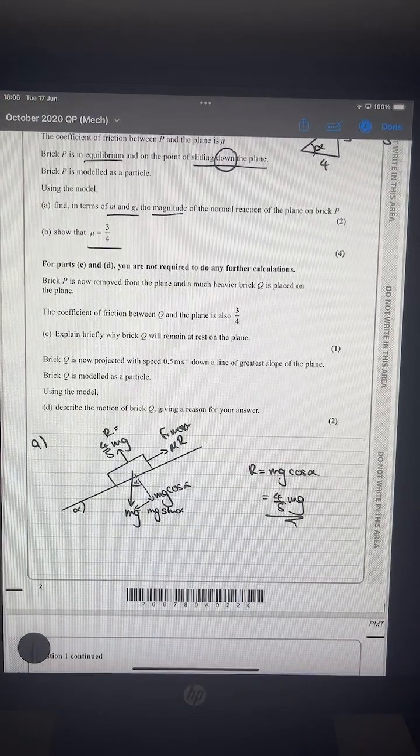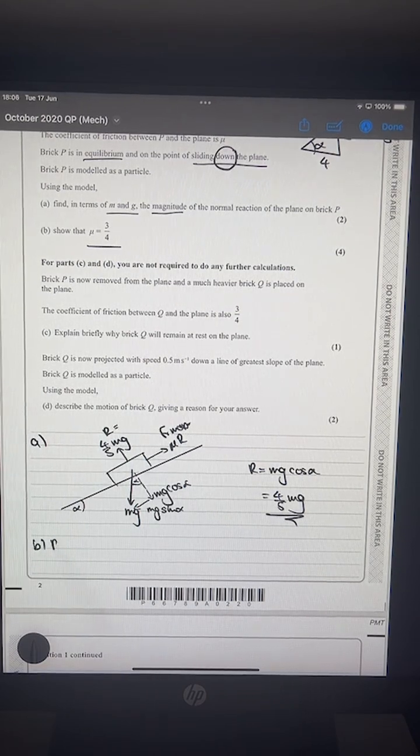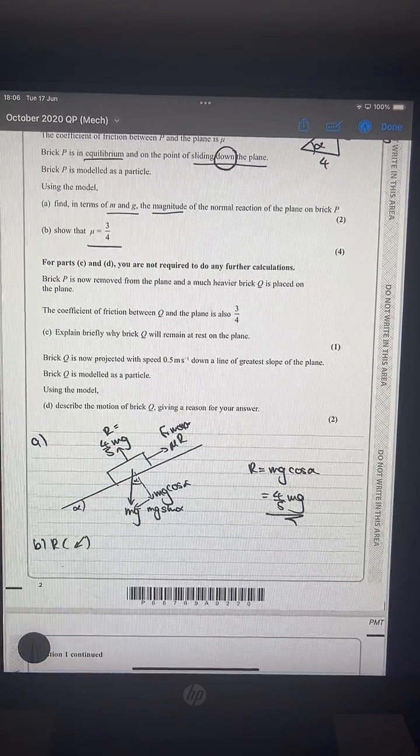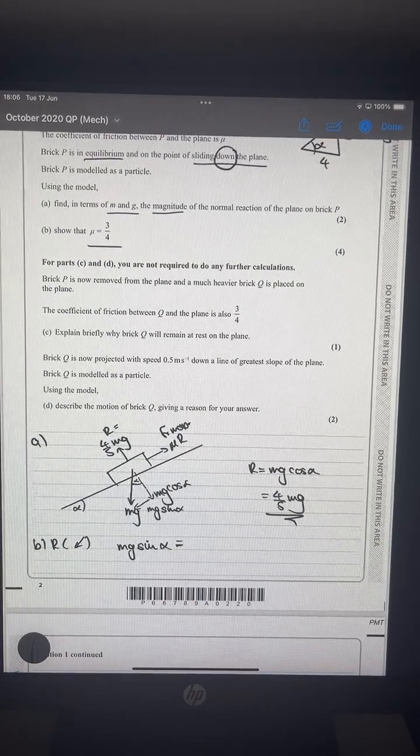Part B, show that mu is equal to 3/4. Which plane is mu acting in? Mu is part of the parallel on the slope. So to find mu, I'm going to resolve parallel to the plane, and I'm going to go downwards. I'm going to take down as my positive. This force is going downwards, that's mg sine alpha. And what is my other parallel component? Just mu R, that's F max.